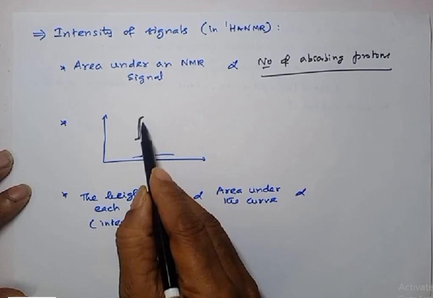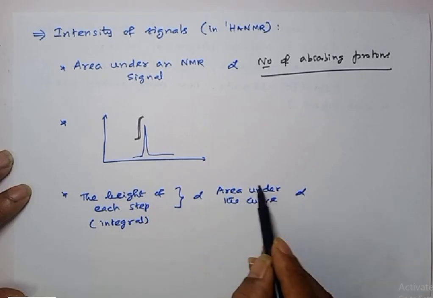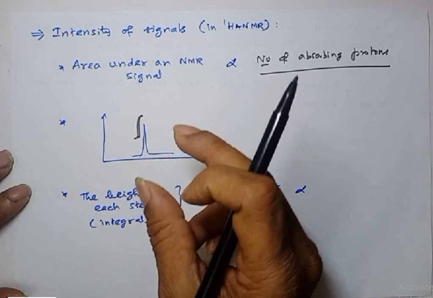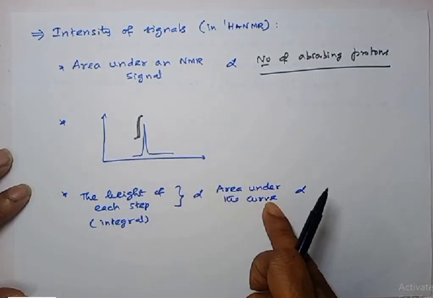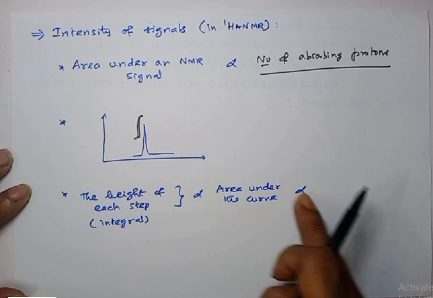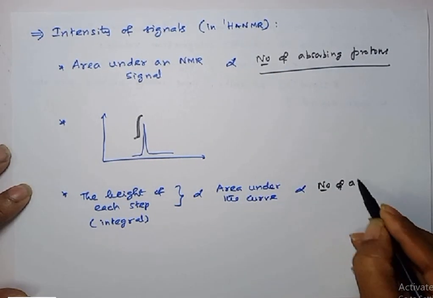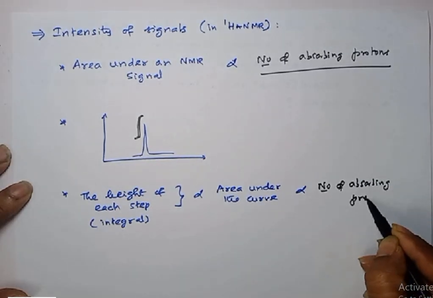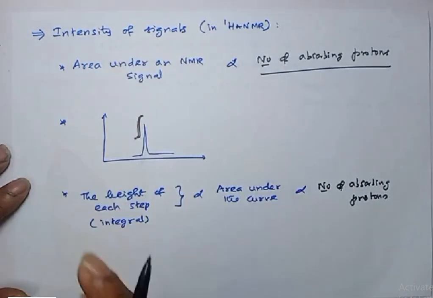This is actually called one step. The height of each step is proportional to the area under the curve. In the spectrum, they will give the height. Height is proportional to area, and area is proportional to the number of absorbing protons, that is, how many protons absorb the radiation and give that signal.